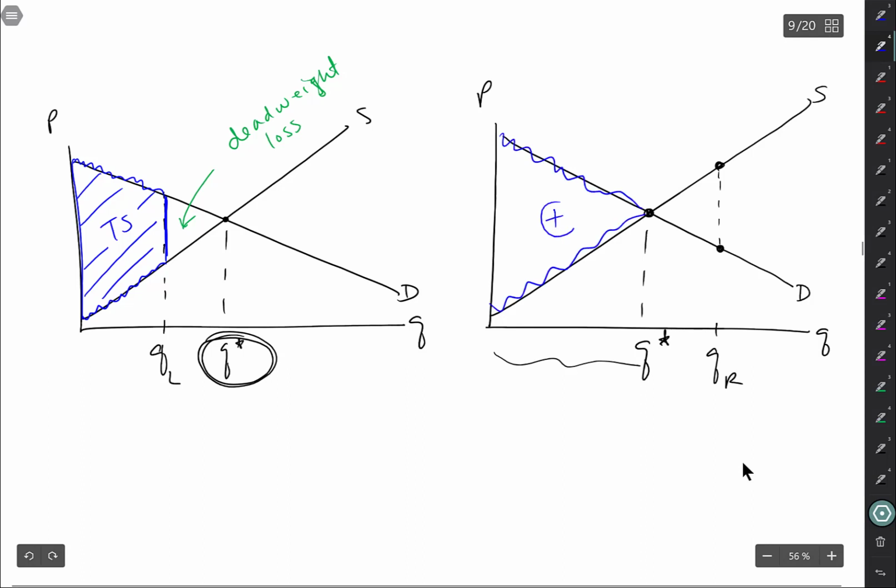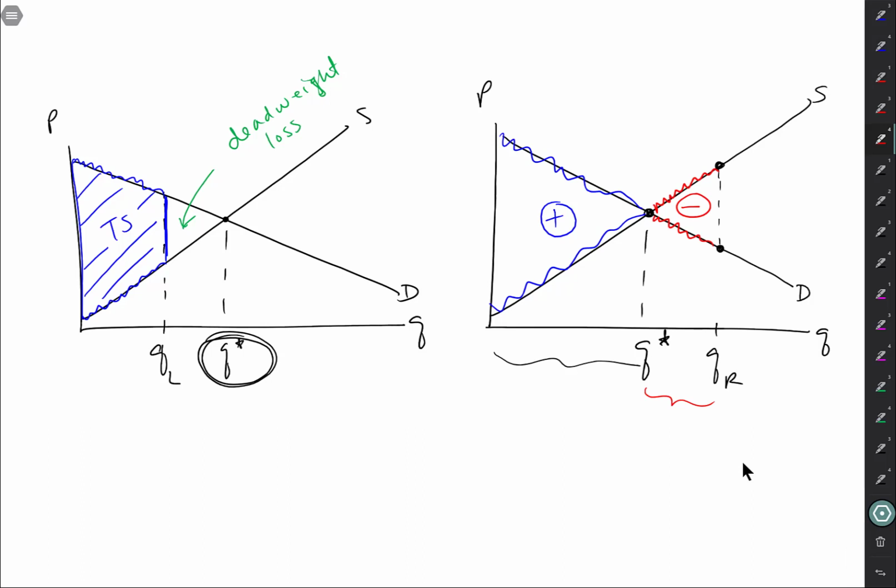So we pick all this up in positive surplus because willingness to pay exceeds cost. But when we produce these units between here and here, the cost of production is higher than what buyers value the good at. So if they trade in these goods, this is a loss to society. There is no price at which both of them are better off if we trade in this space here.